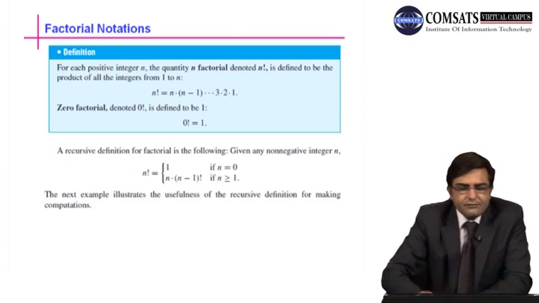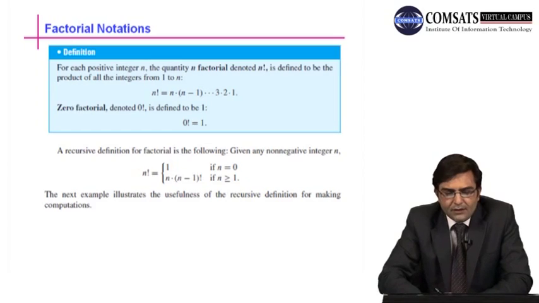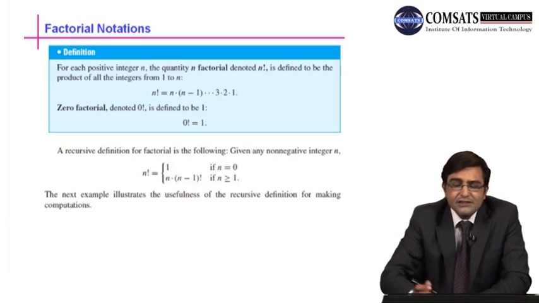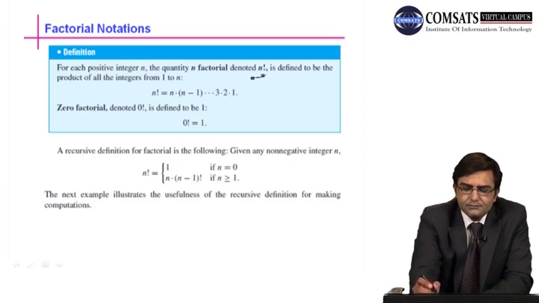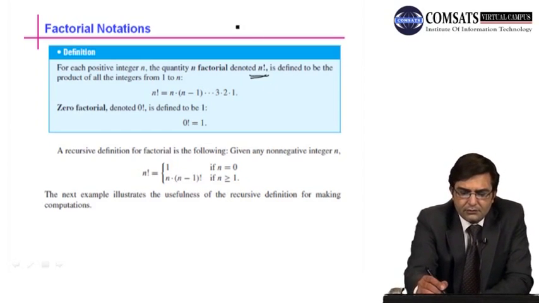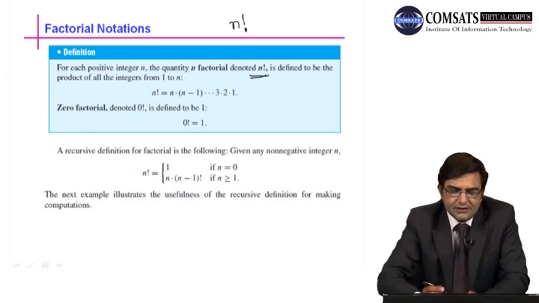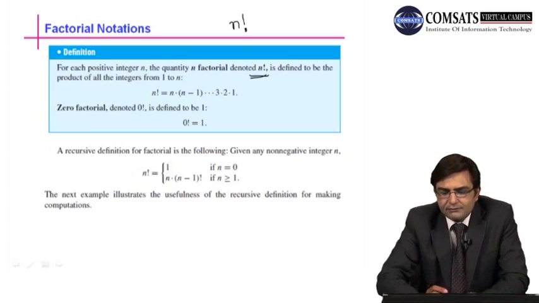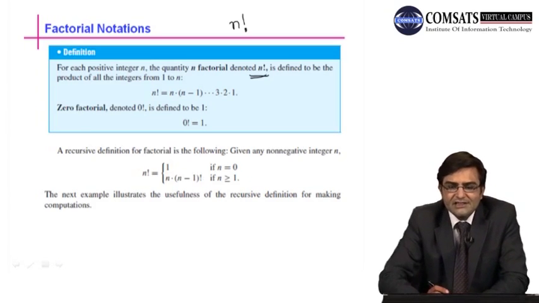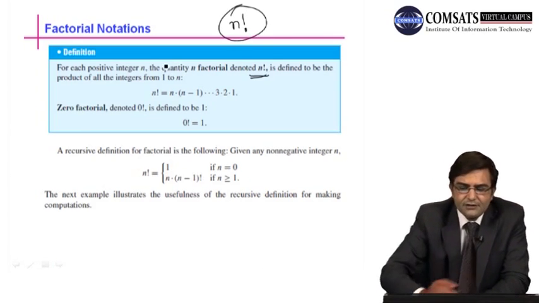Now, by definition, for each positive integer n, the quantity n factorial, denoted by n followed by this sign, basically denotes the factorial of the integer n, and is read as n factorial.